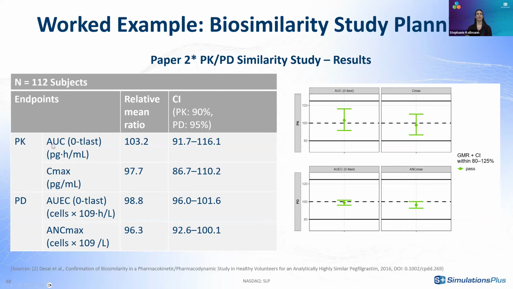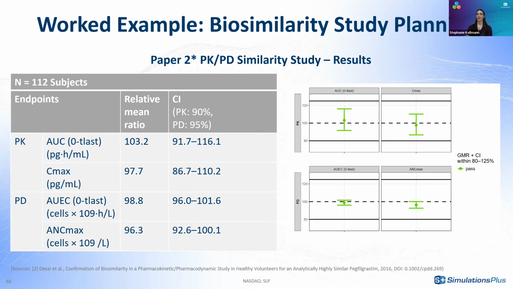We have AUC from 0 to T last, Cmax, and AUEC also from 0 to T last, and Emax, for PK with a 90% confidence interval, and for PD with a 95% confidence interval, within the relative mean ratio lying within the predefined bioequivalence margins of 80 to 125%.